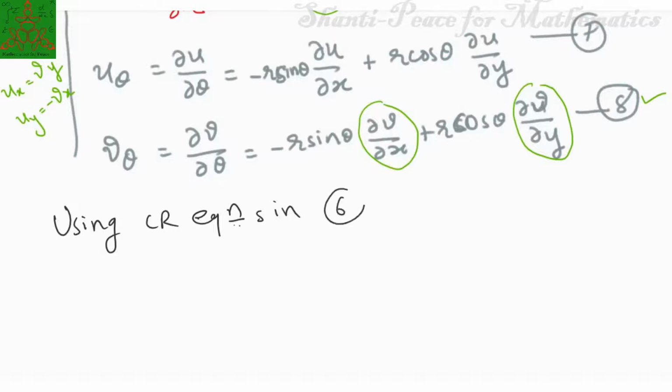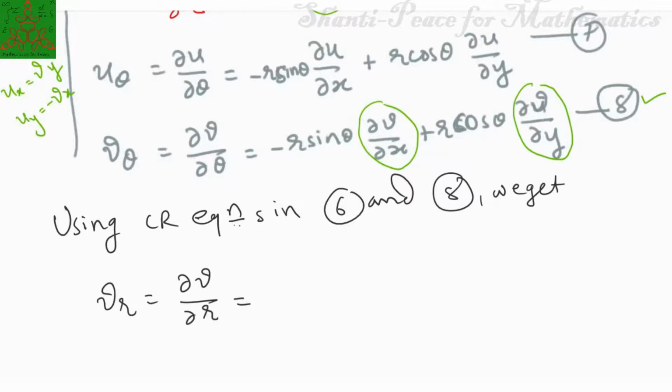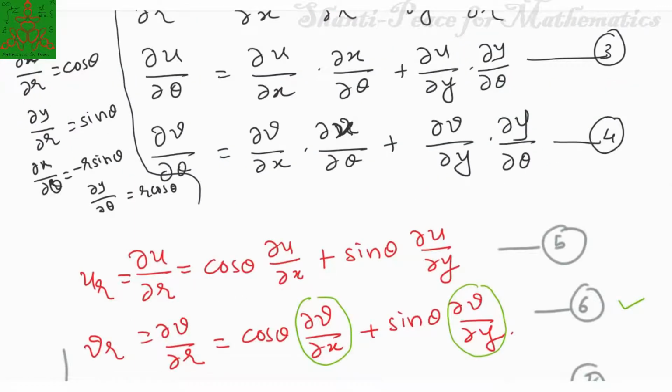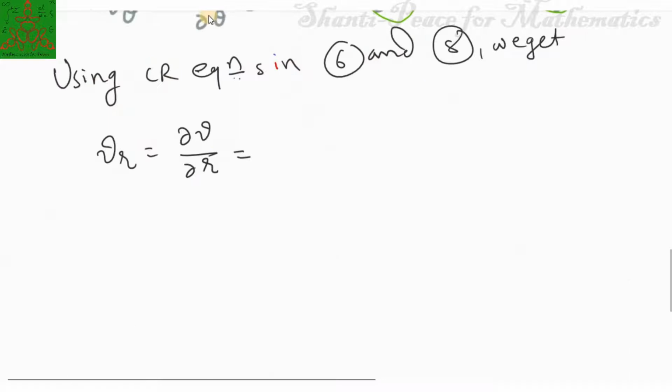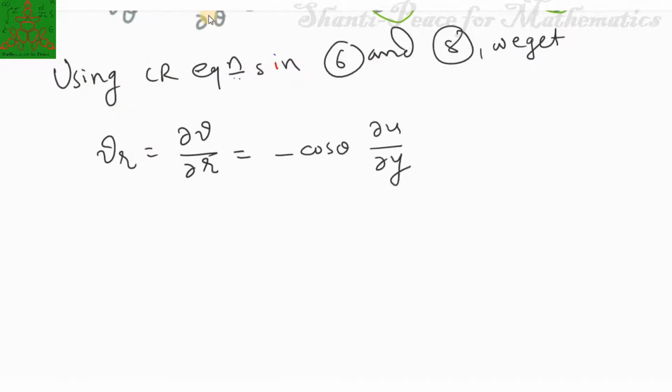In 6 and 8, we get Vr equal to del V by del r equal to, you can see that del V by del x I can write as minus Uy, so that is minus cos theta del U by del y plus sin theta del U by del x.